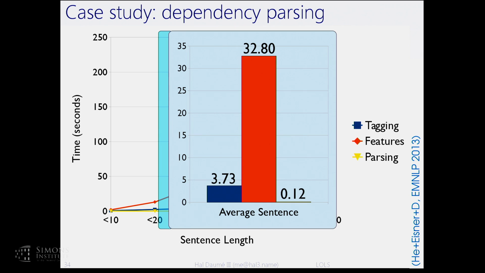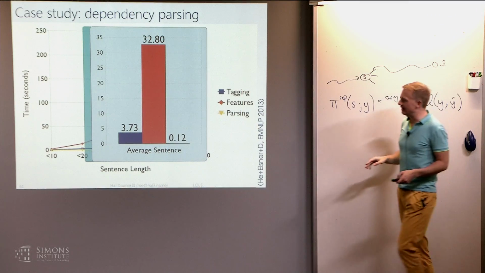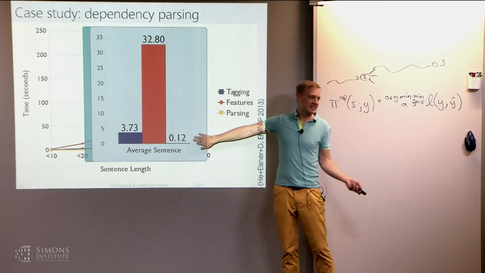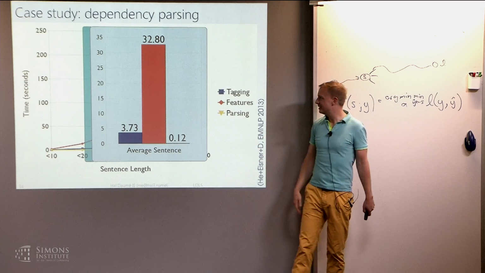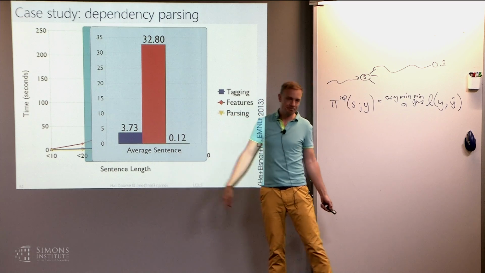For an average length sentence, something like 300 times as much time is spent computing features as running MST. So this suggests that finding better MST algorithms is not going to make this much better. We really need to get this bar down.